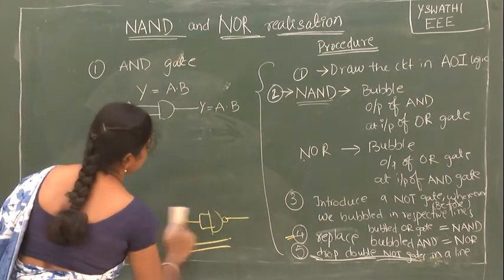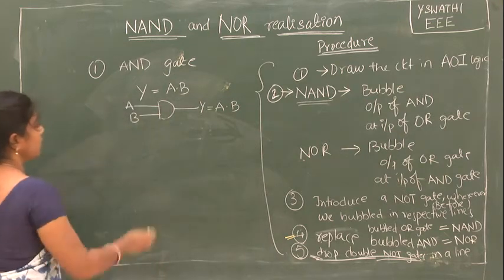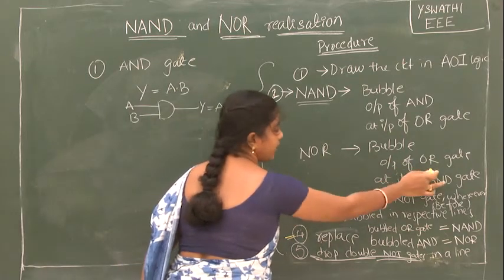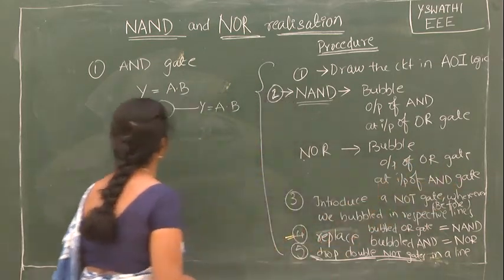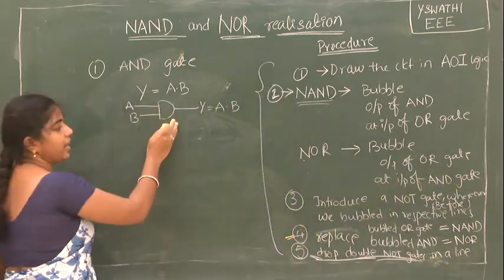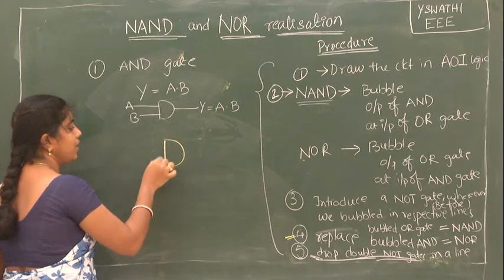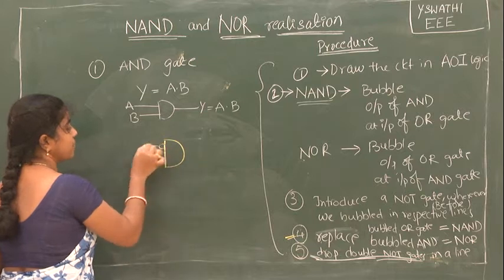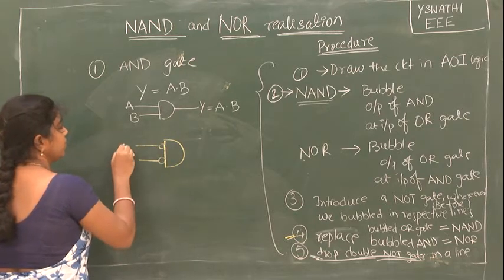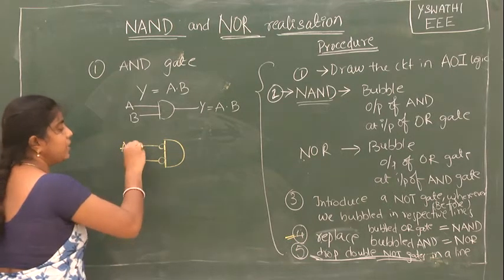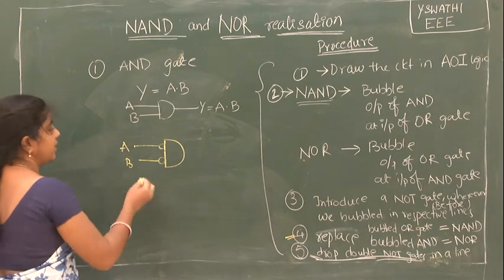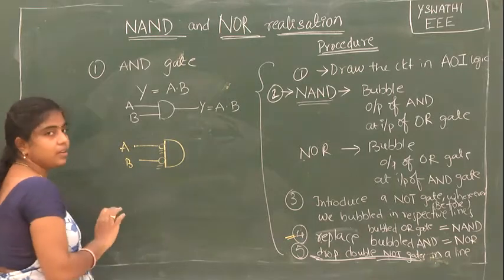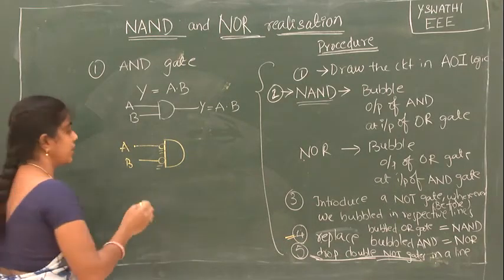In the NOR realization, we should bubble the output of the OR gate and the inputs of AND gates. We have an AND gate, so in the first step we should bubble at the inputs of the AND gate. So we have bubbled the inputs, and in the next step, where we bubbled, there we should introduce a NOT gate.